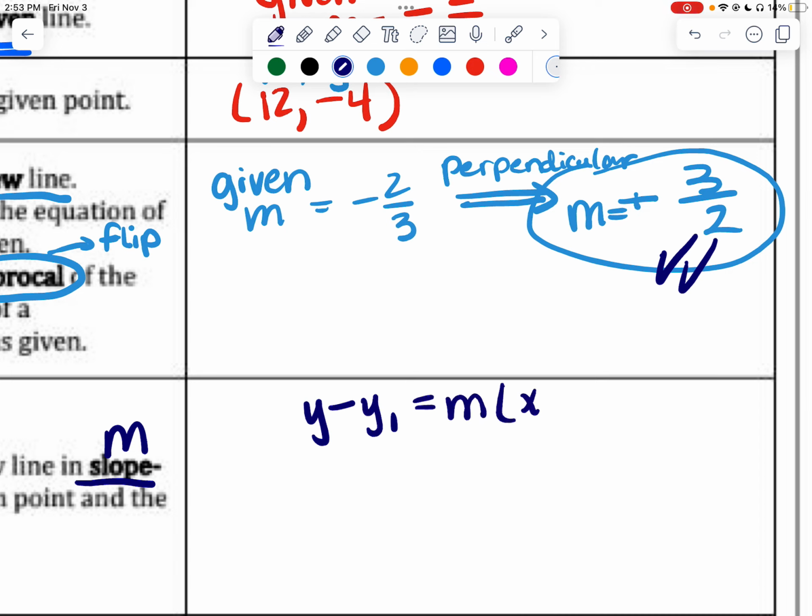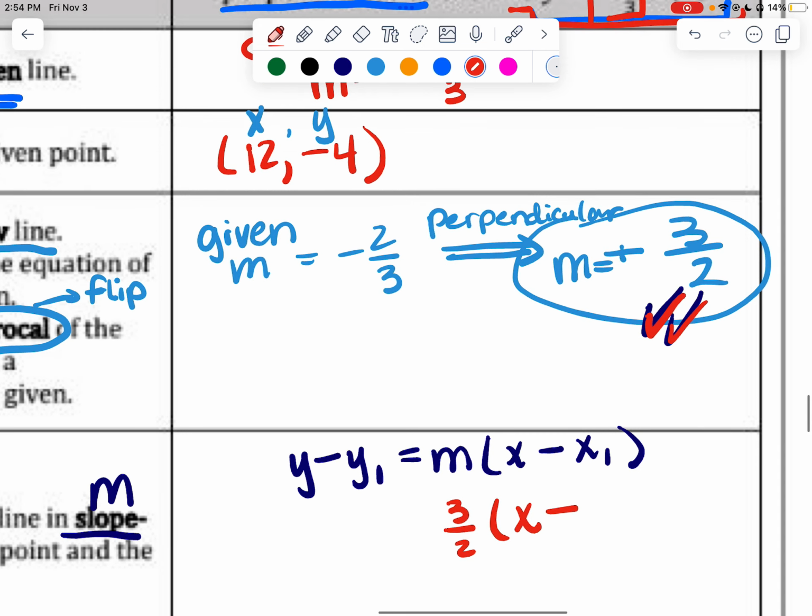Here is point slope form. y minus y1 is equal to m times (x minus x1). m is my new slope right here, so I'm going to use 3 over 2. x minus, now that x1 right here from the formula is really coming from the given point, x1.